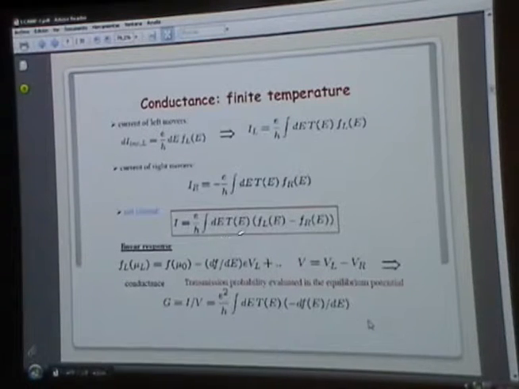At finite temperatures, the current is described by this integral, in which T(E) is the transmission for an electron with energy E. FL and FR are the occupancies of the left and right electrons with energy E, and you have to integrate, summing over all the energies. So this is the total current, and the minus sign here represents the difference between the two currents.